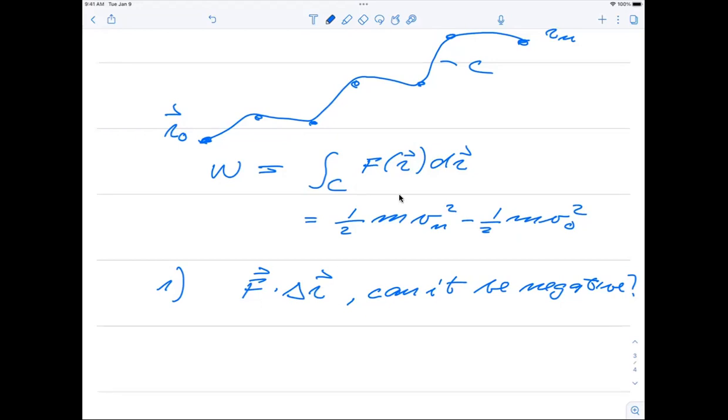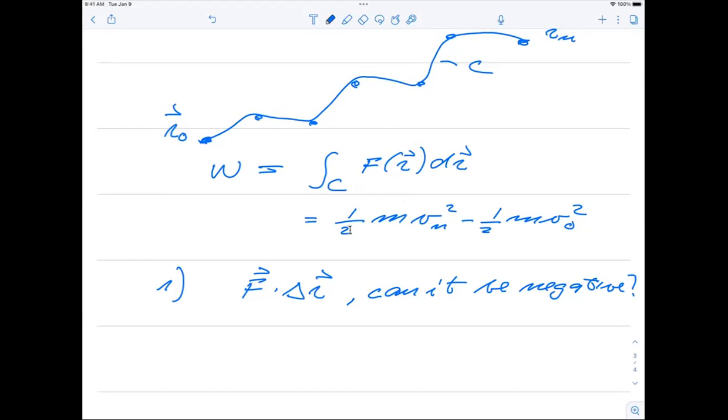Let me see the chat here. It can be negative. And what would it mean then? The work, that could be one thing, that work is done in the system. But if you think in terms of the velocity, if that term is negative, it could go backwards, or the velocity is just reduced.